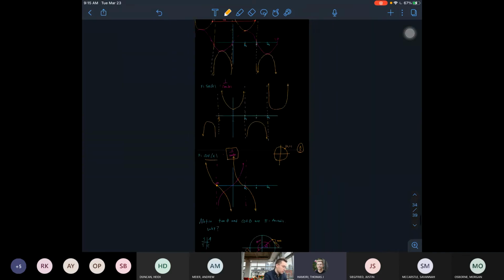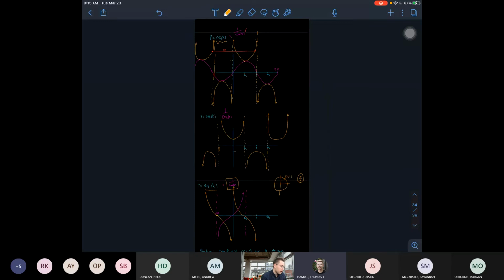So this is how we come up with the graphs of these different trig functions: cosecant, secant, cotangent, and tangent. We derive their graphs from the graphs of sine and cosine, and the last one, cotangent, we sort of derived from the graph of tangent.